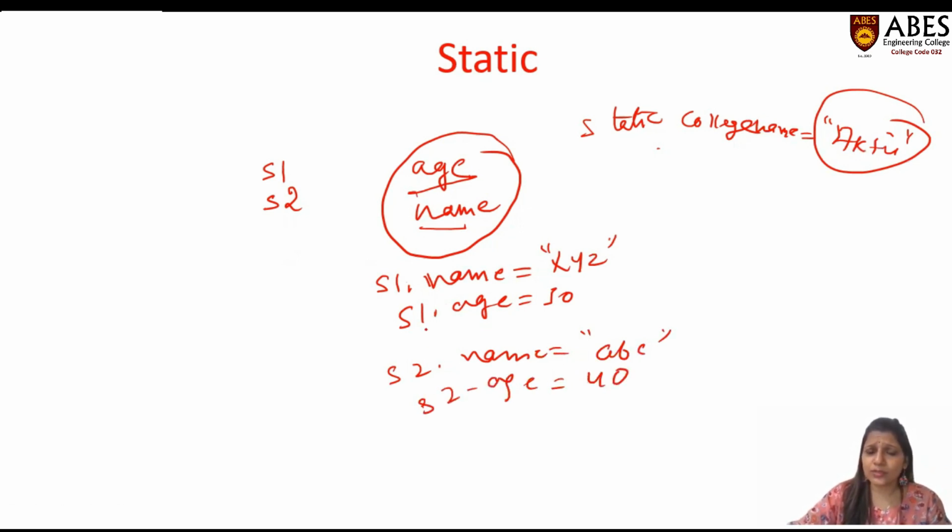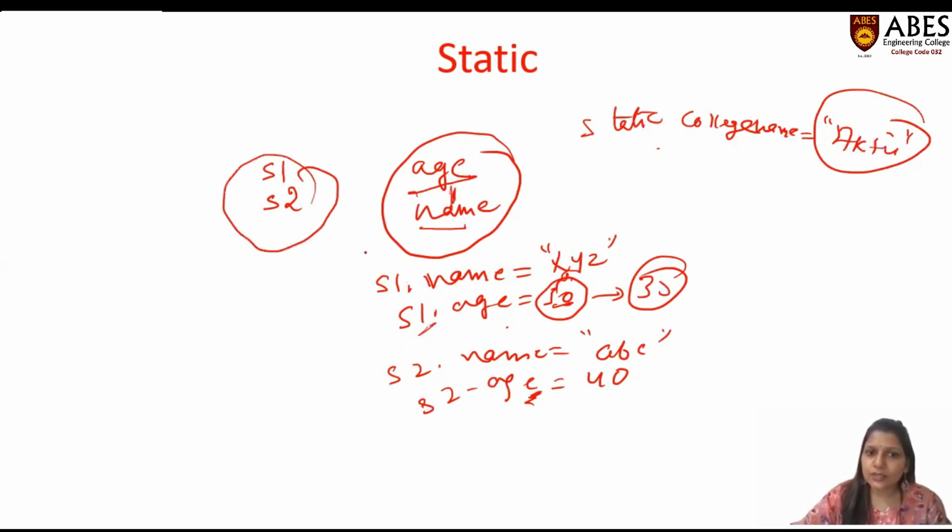Let's suppose S1 wants to change the age from 30 to 35. The updated value will not reflect in S2, because when I create an instance variable, every object has its own copy.